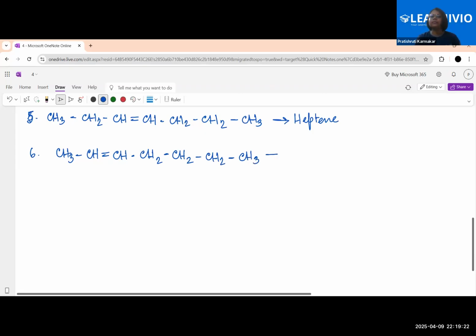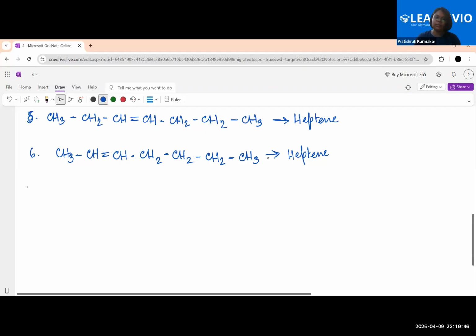What will we call it? This one would be heptene as well, or 2-heptene. No, heptene. This one will be 15. Heptene.